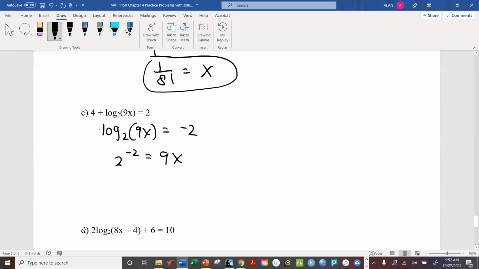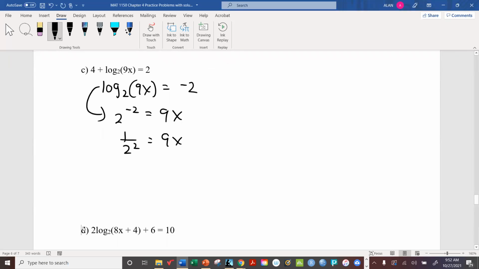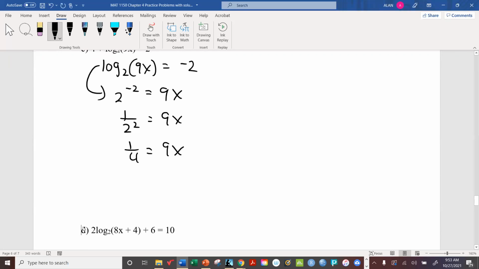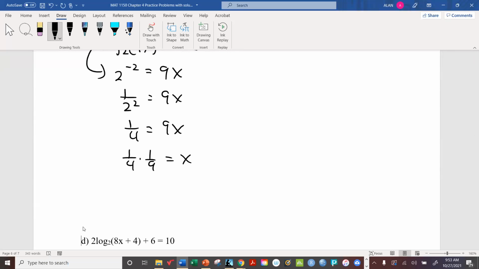All right, now this step is always just by definition, which is 1 over 2 squared, or 1 over 4. Now I'm going to divide both sides by 9. And I'm left with 1 over 36. And that's our final answer.